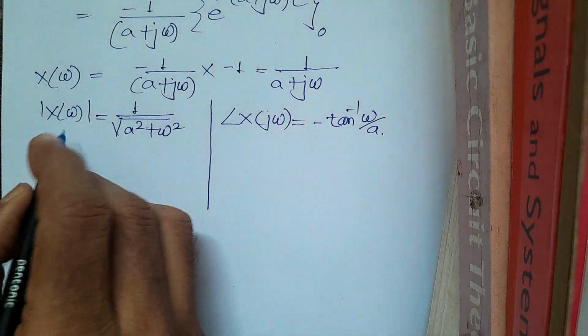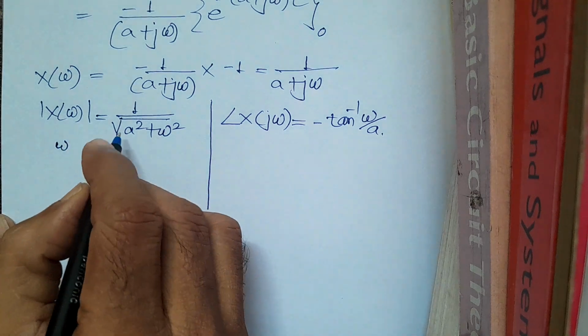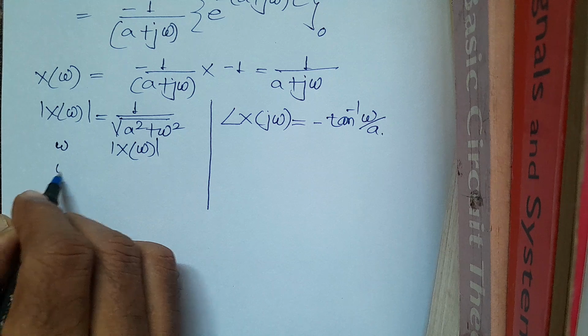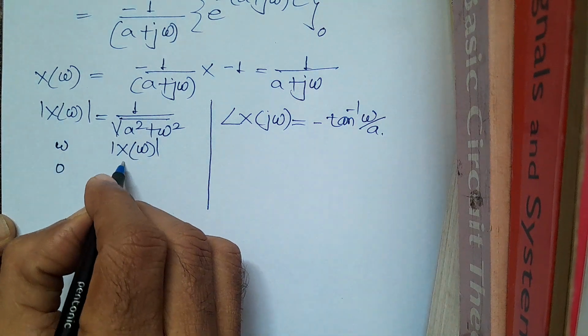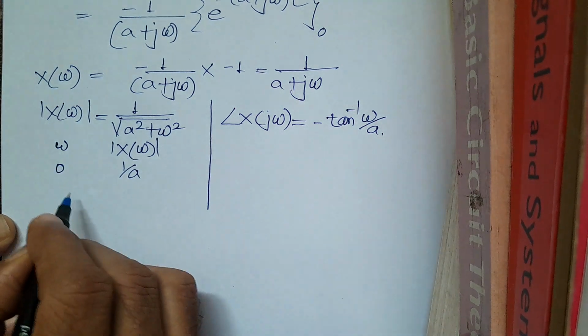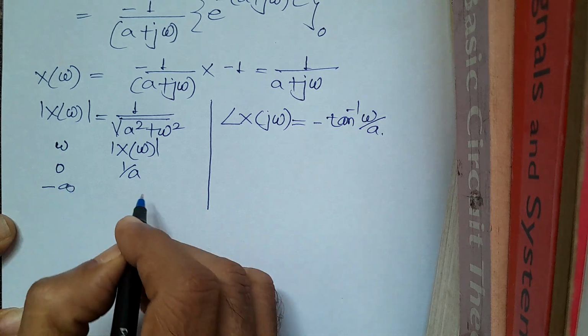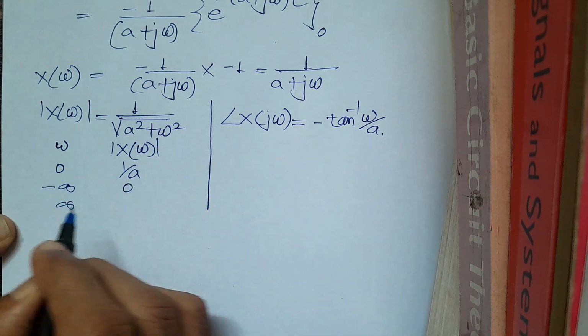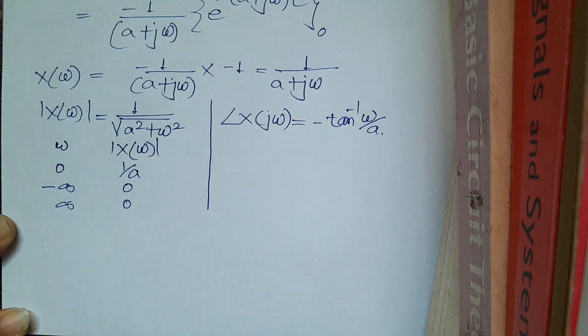So when you put omega for different values, we have to find the magnitude of X(omega). When you put 0, the magnitude is 1 over a, and when you put minus infinity, the magnitude is 0. When you put infinity, the magnitude will be 0.